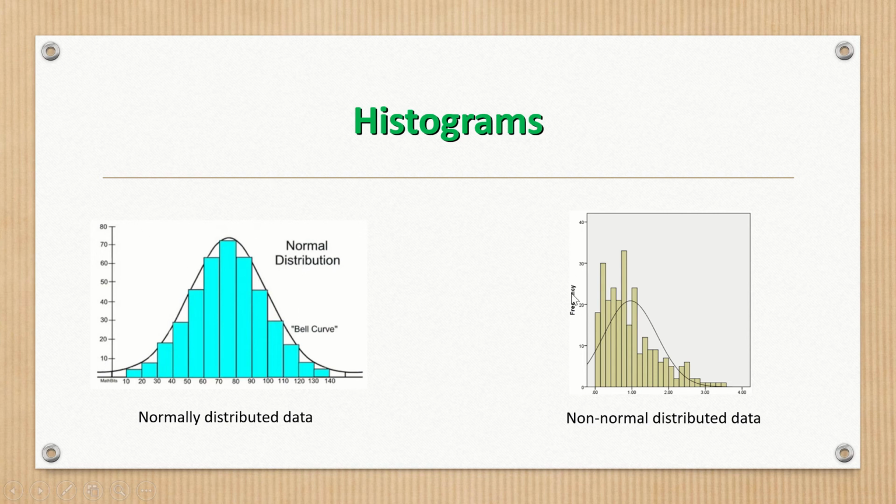However, the one on the right hand side, you'll notice that the data are left shifted and the curve is not completely symmetrical bell-shaped, it is more shifted to the left. So these data we can call non-normally distributed data. Just from looking at the histogram, you can by eye decide whether the data are normally distributed or not.